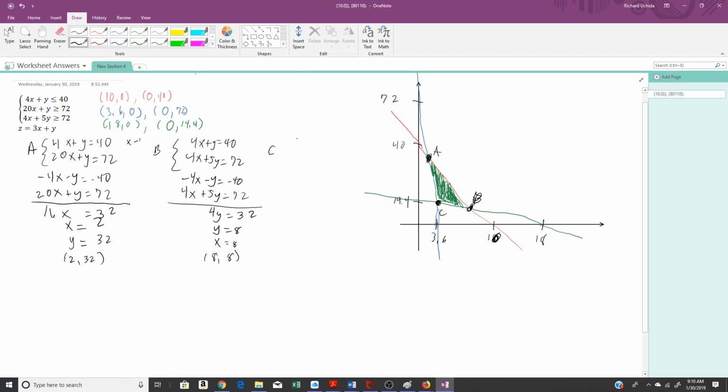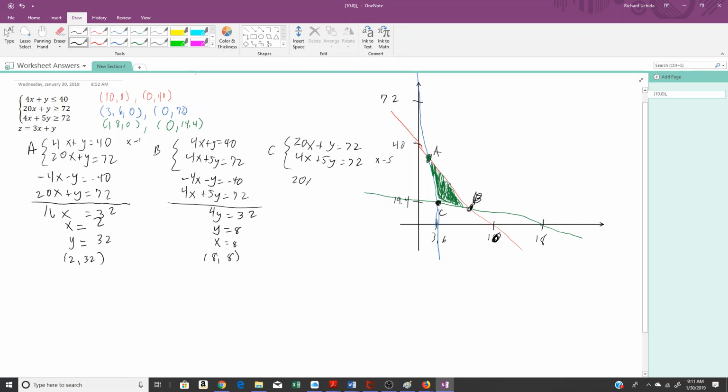So that would be the lines 20x + y = 72 and 4x + 5y = 72. What we could do is multiply the second equation by -5, that way we'll eliminate the x's.